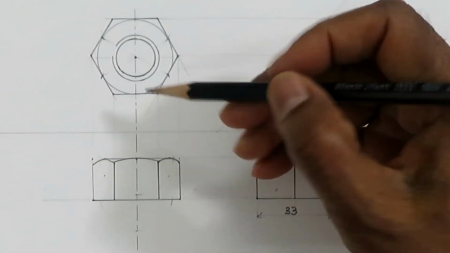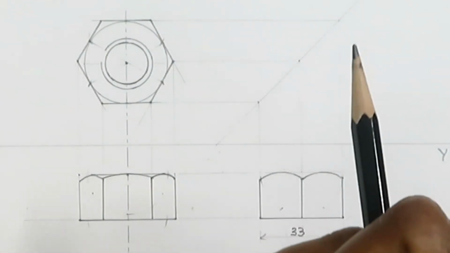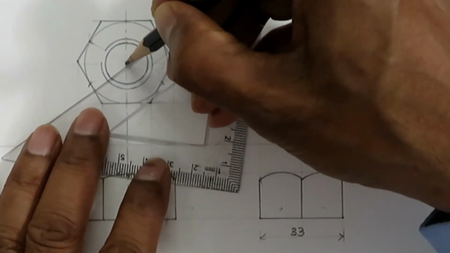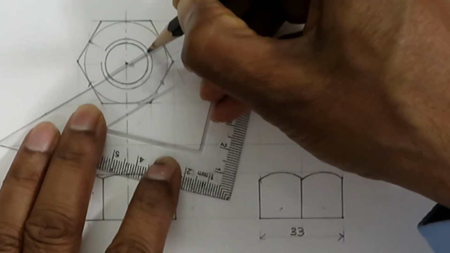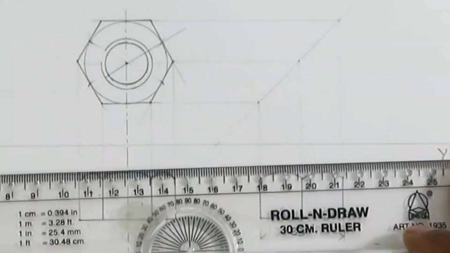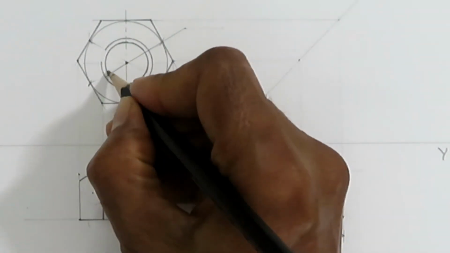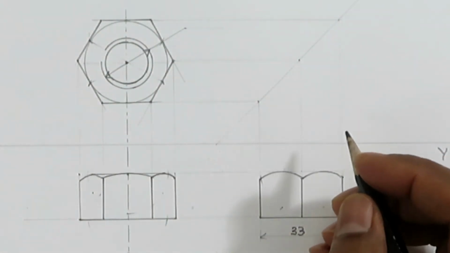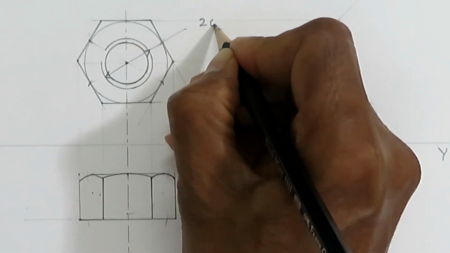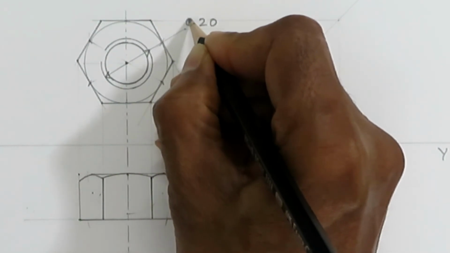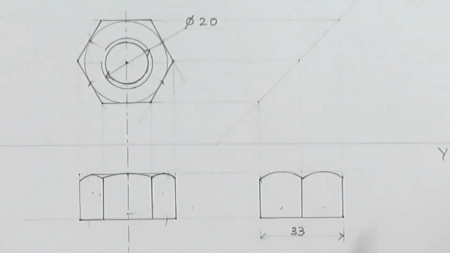But the basic dimension we started with was the major diameter, so we can actually dimension the major diameter. And this is D, which is 20 mm. So since it is a diameter, we can show it like this, in inclined phi.